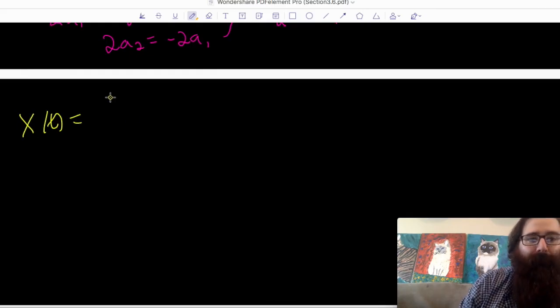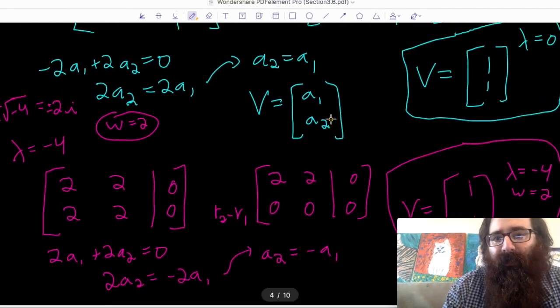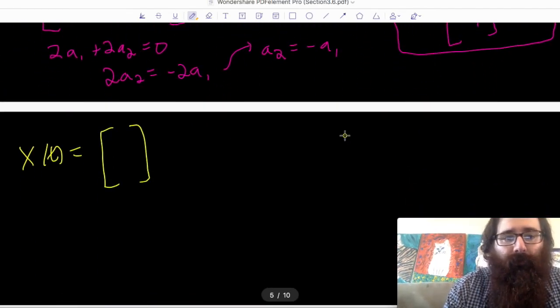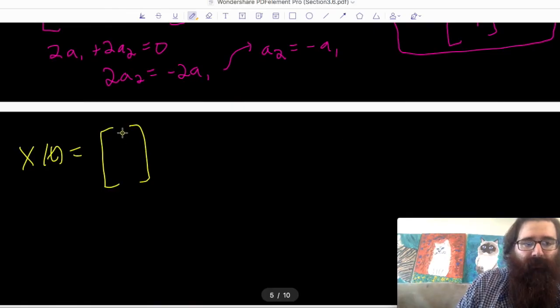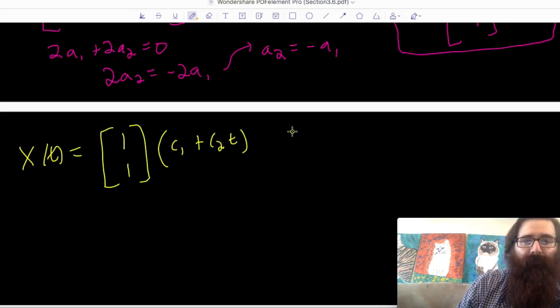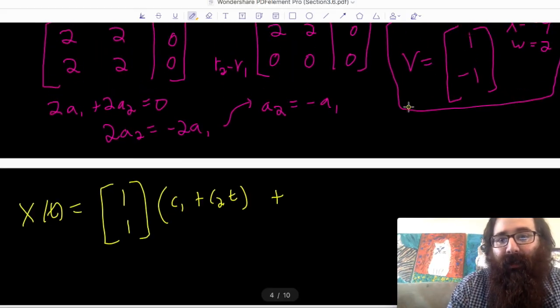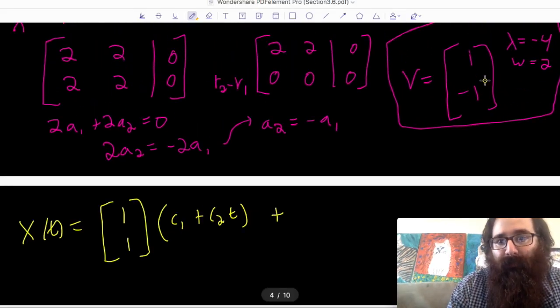We're going to take that first eigenvector that we got, and that eigenvector was 1, 1. And since the eigenvalue was 0, this should be times c sub 1 plus c sub 2t. And then plus, now I want my second eigenvector, the other piece to my solution.